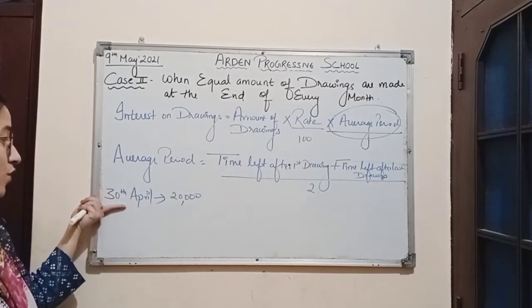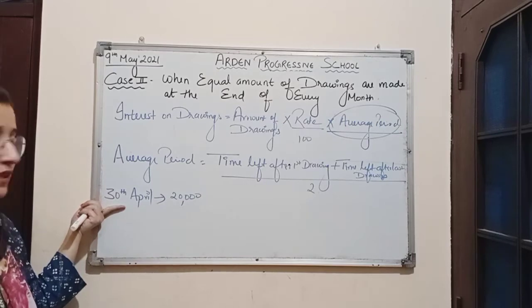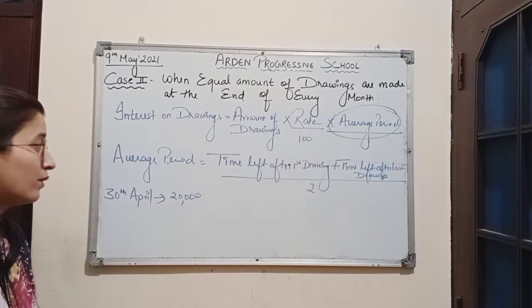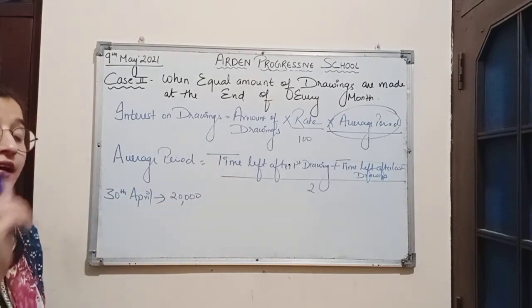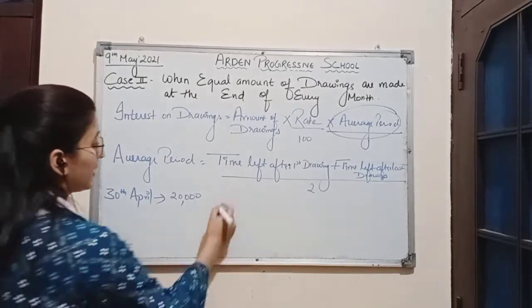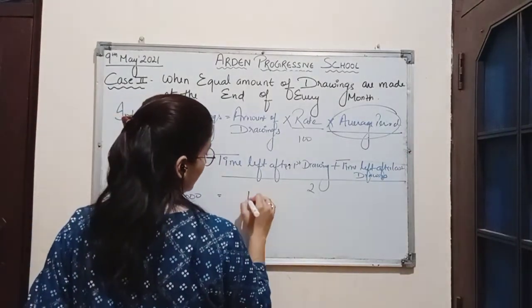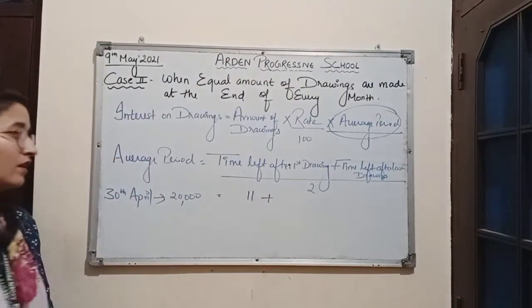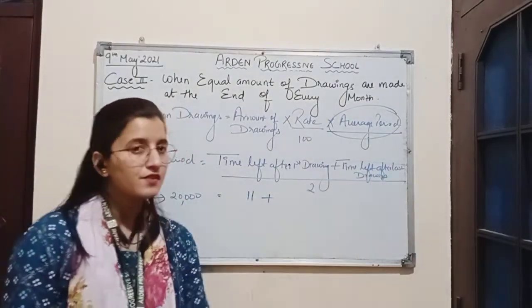Because he is withdrawing the amount at the end of first month. So first month will not be included. The rest of the month will be included. So the remaining month will be 11 months from 1st May to 31st March. Time is 11 months.